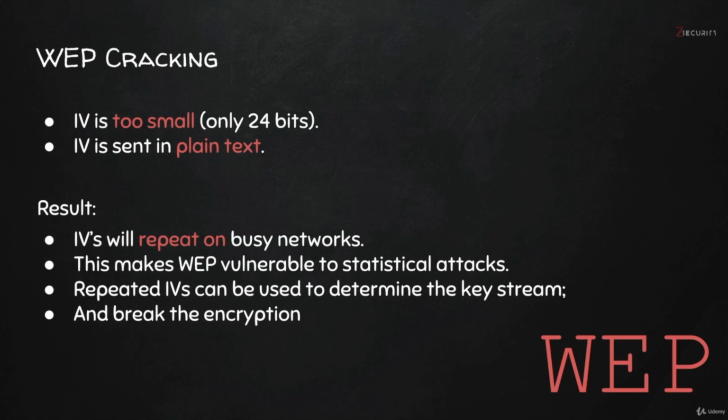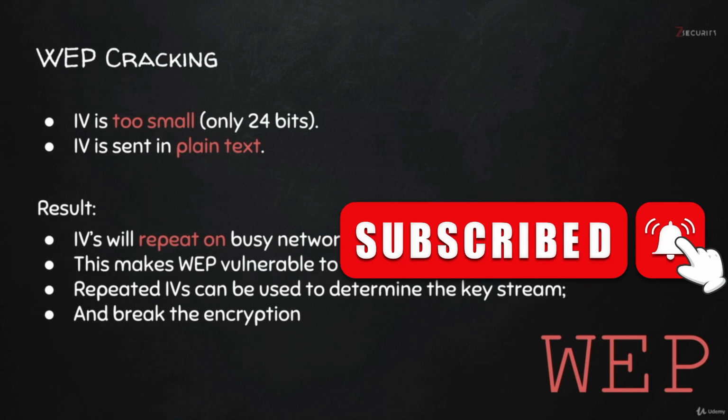This makes WEP vulnerable to statistical attacks, so we can use a tool called aircrack-ng to determine the key stream once we have enough repeated IVs, and from that it will also be able to crack WEP and give us the key to the network.